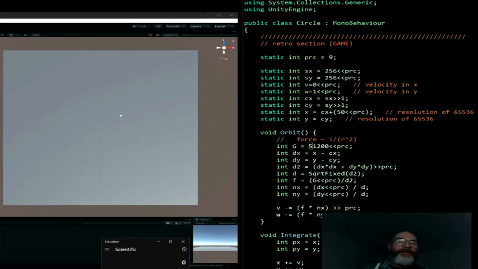So this is what we were talking about, number range. It's sort of like when you have a limited number of bits, you use fixed point. This kind of calculation can be tricky because we end up with 512 times 100. Let me just restore this back to where it was. But then in this calculation here it is multiplied by 512 again. And this is huge. This is 26 million. That's a pretty big number.